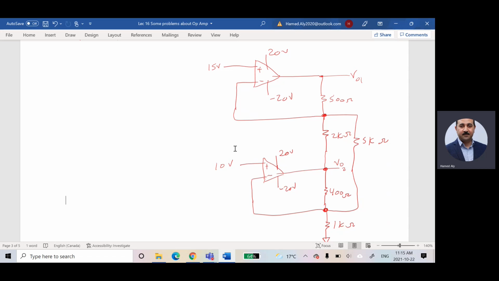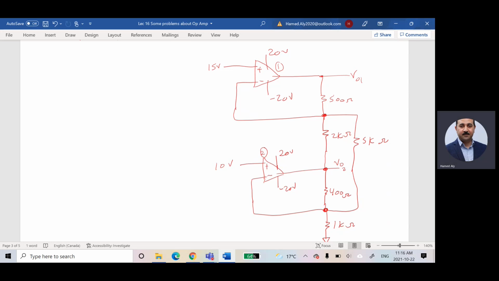Let us call the first operational amplifier, which is this guy, 1, and this guy 2. Or vice versa, doesn't matter. This is only a name. Let us call the first one M and the second one H. Anything.